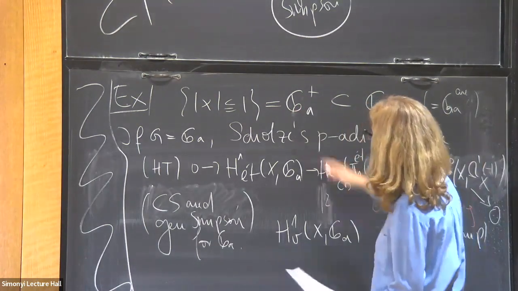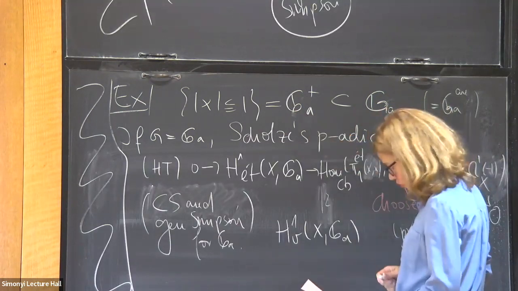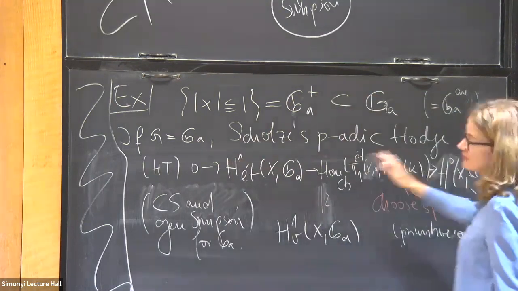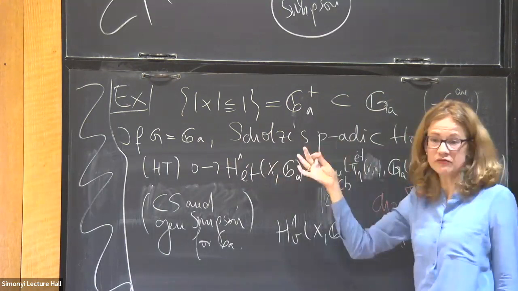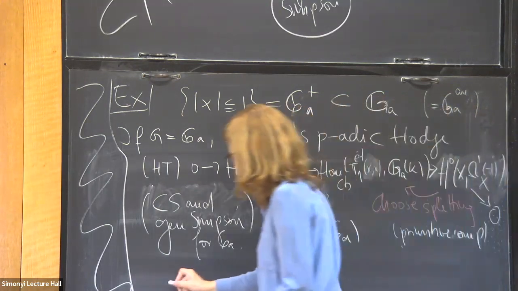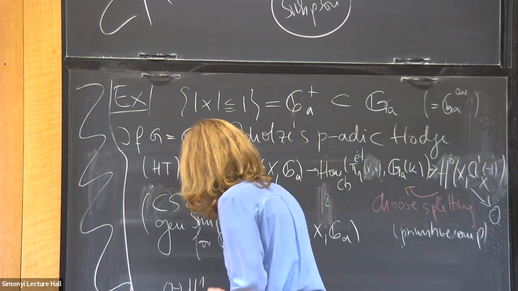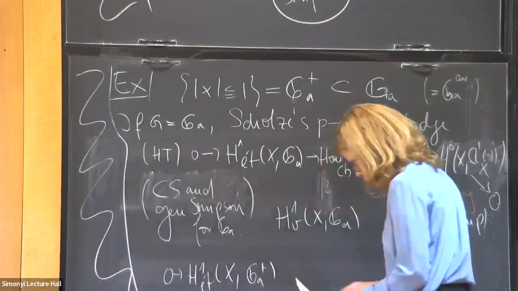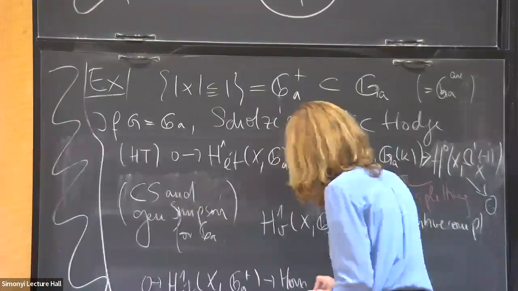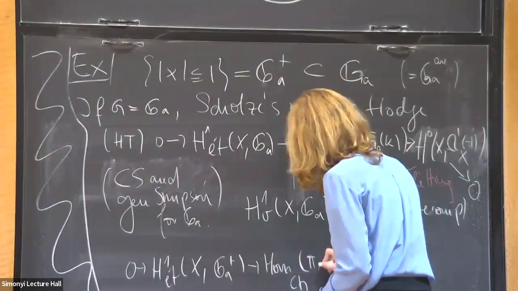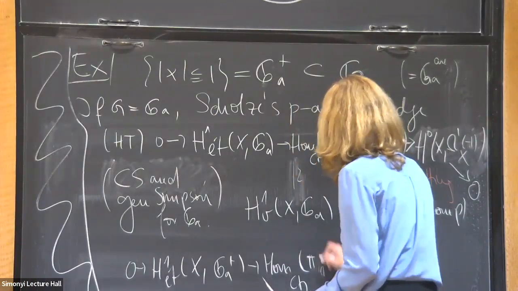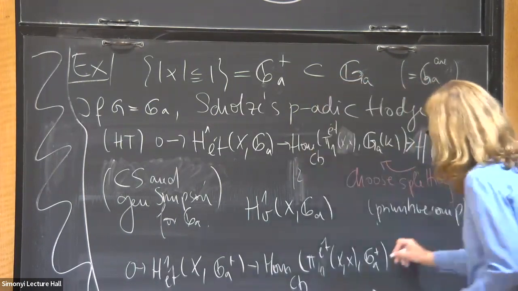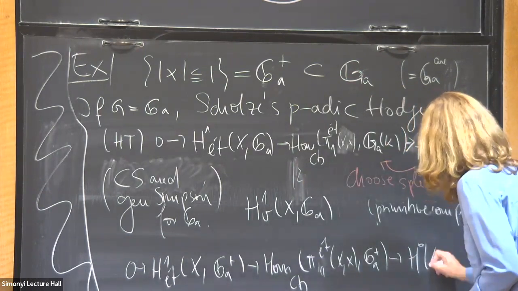If you are looking at this unit ball, you can play the same game. Start with an integral version, write down an integral version of the Hodge-Tate sequence, and then you can start with the cohomology of this G_a^+, then you go on to the continuous homomorphisms from pi_1 into G_a^+, and you go on to the field side.